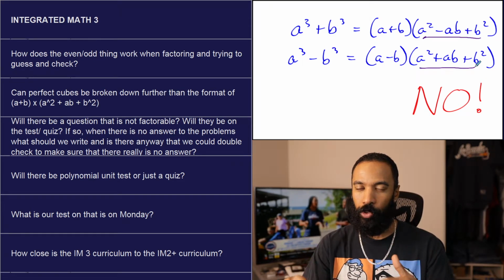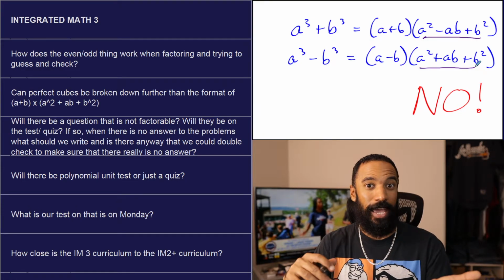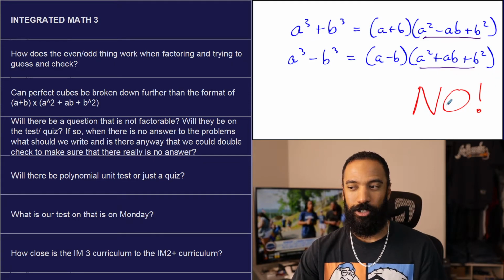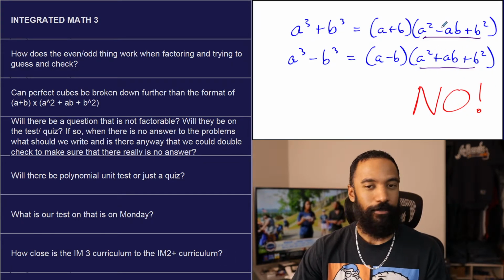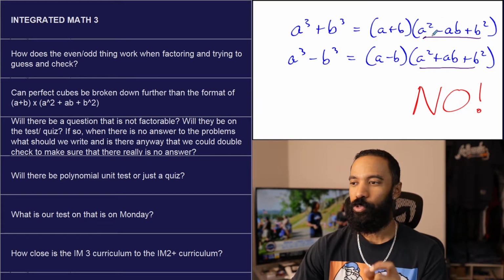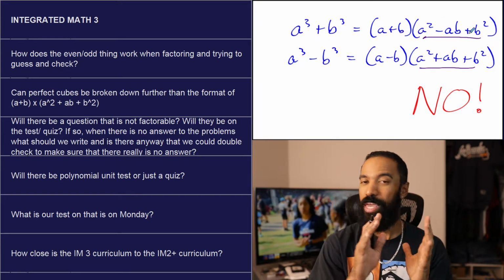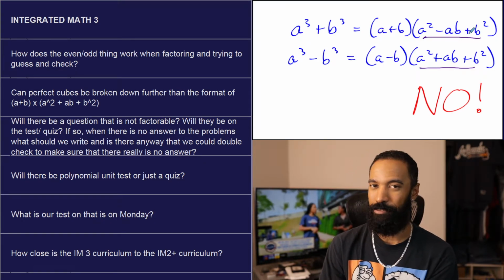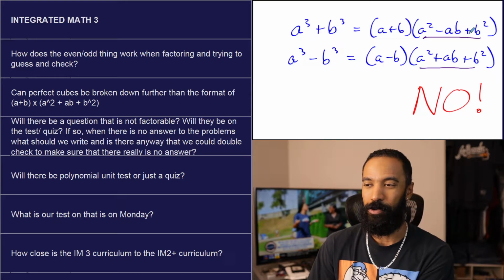Real, a 2, not a 2i, not imaginaries. But not only is this not factorable, in the quadratic formula, if you try to solve this as a quadratic, set it equal to 0 and find its solutions, the solutions are always complex, with imaginary components. They have i in them. They're imaginary solutions, which means it's not factorable.